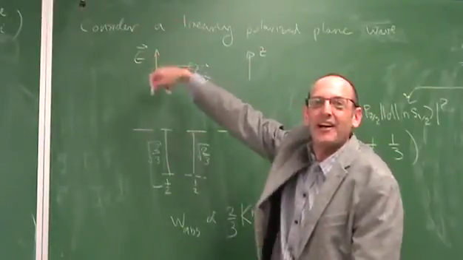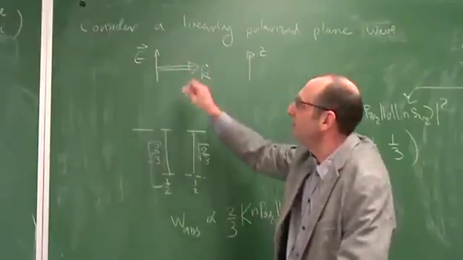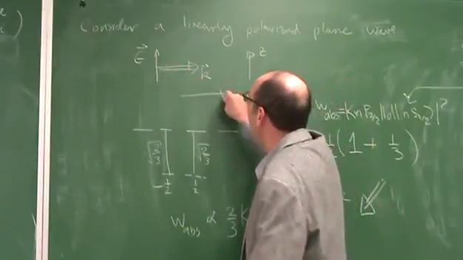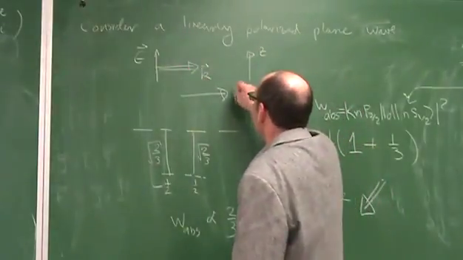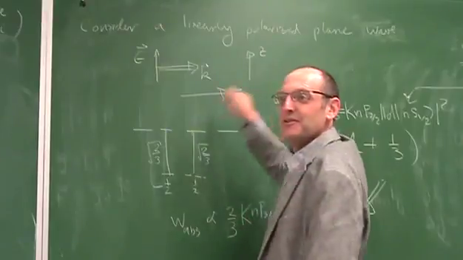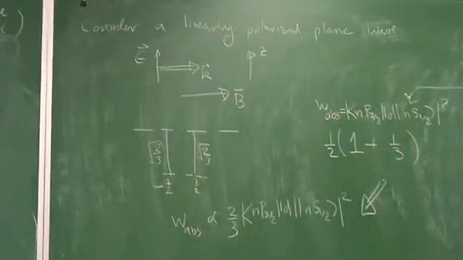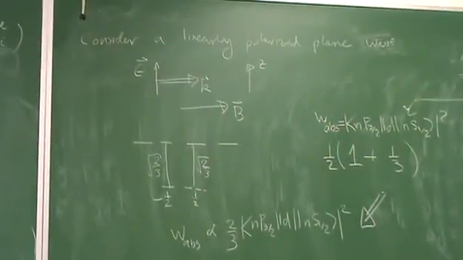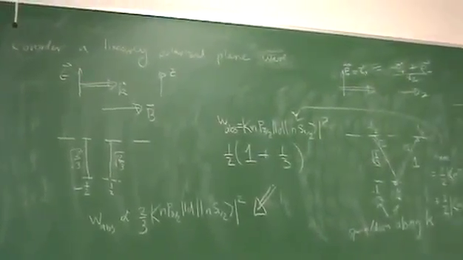Because that's the natural direction and I have only pi transitions. Of course, if I had a magnetic field on along this direction, it might be more natural to choose the quantization axis along the B field, and then I have sigma plus and sigma minus. Okay? Does this make sense? Constant confusion.